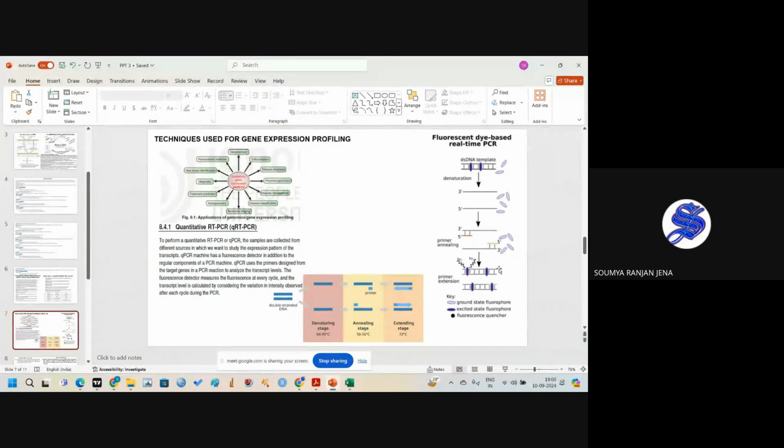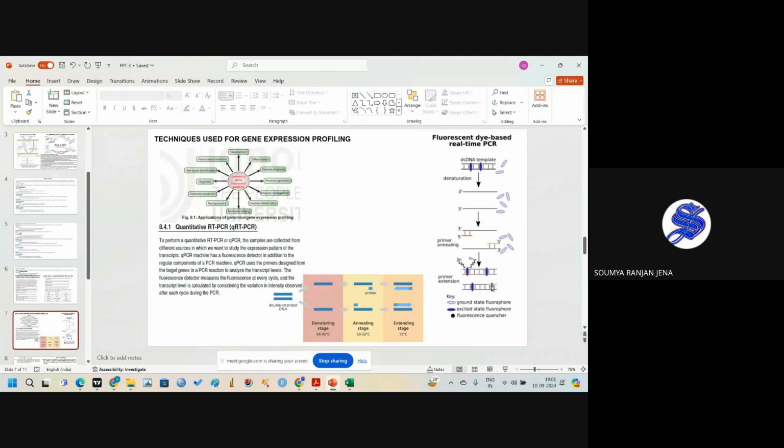After the major and minor grooves form in that DNA, this fluorescence dye will bind to them and give a fluorescence, and that fluorescence amount is captured by the PCR machine, to know whether this is one strand or two strands.